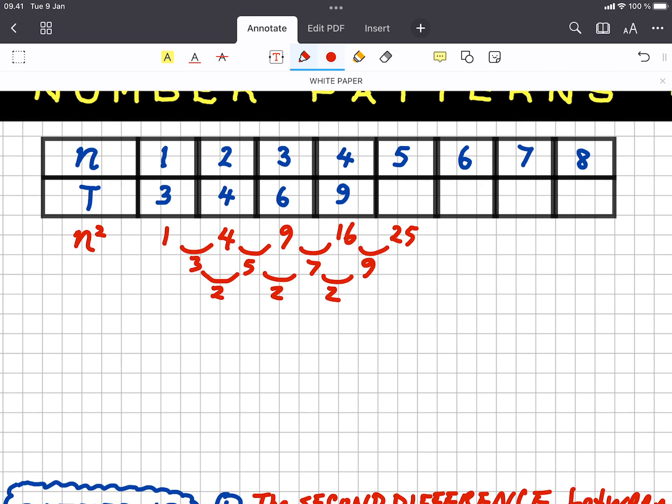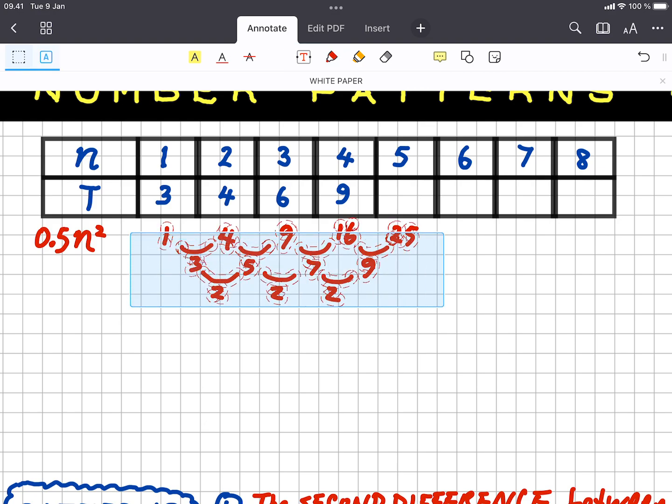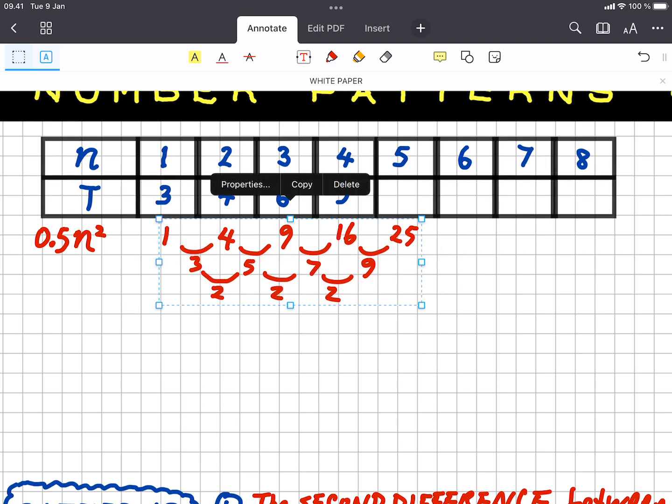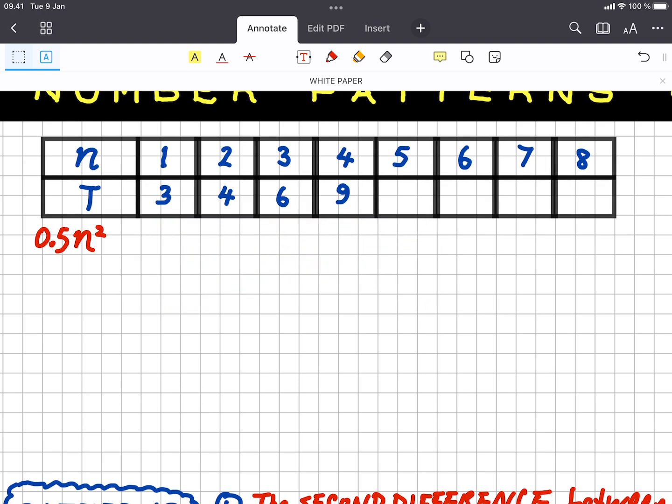So let's try a half n squared as the rule, or in fact I think I'll do this in decimals. So 0.5 n squared as my rule. So if my rule was a half n squared, then I would get for the first one a half of 1 squared, which is 0.5. For the second one, a half of 2 squared, which is a half of 4, which is 2. For the third one, a half of 3 squared, which is 4.5.